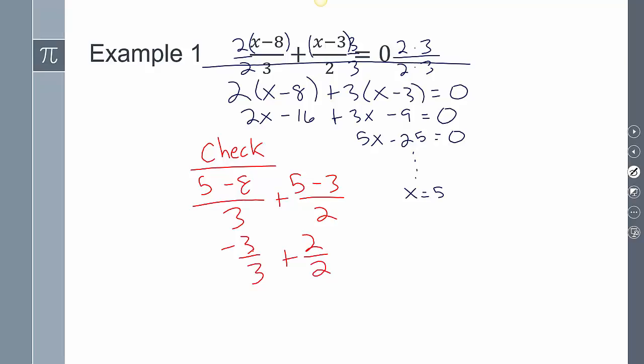And so that's just negative 1 plus 1, which is going to be 0. Because I know that 0 equals 0, the solution works. So this could be my answer.